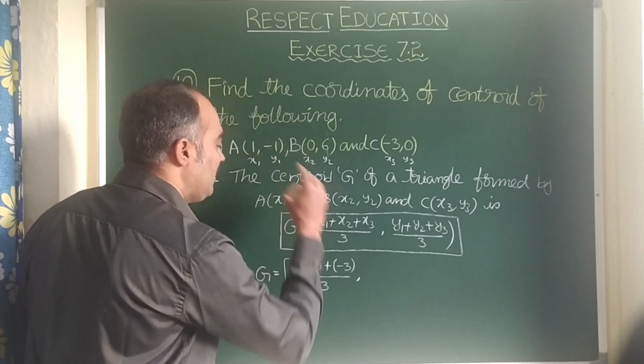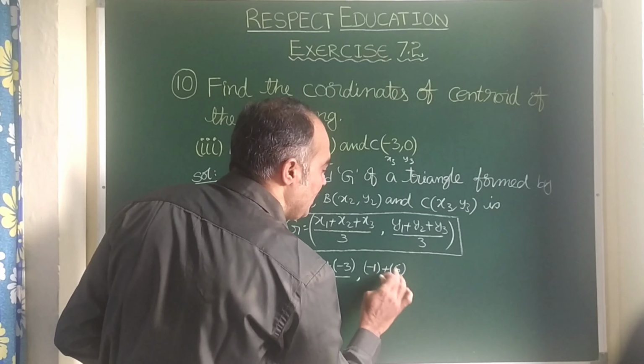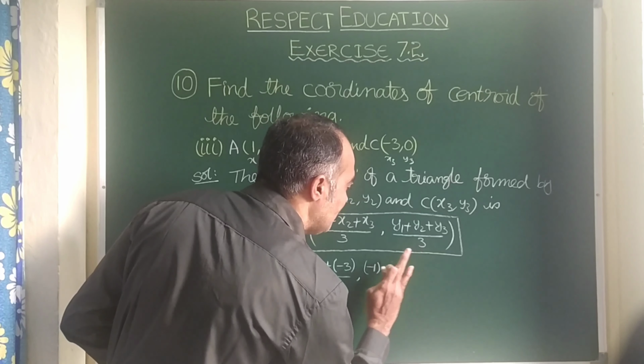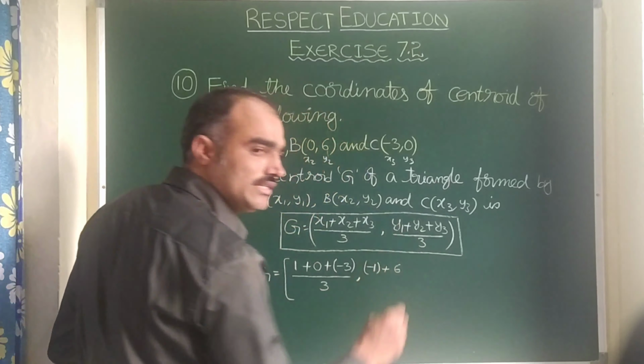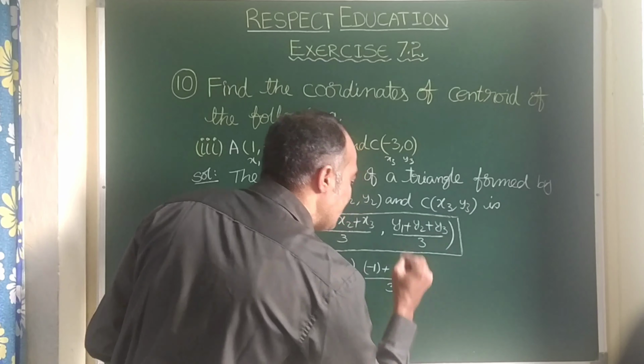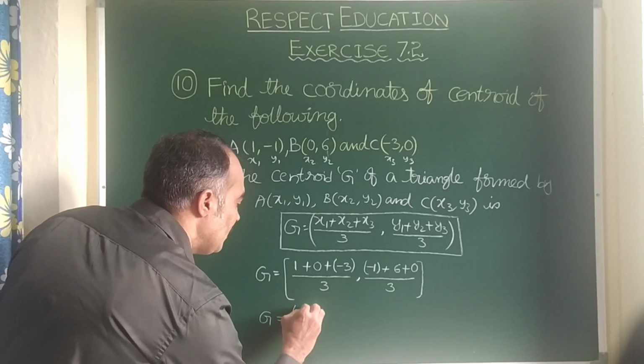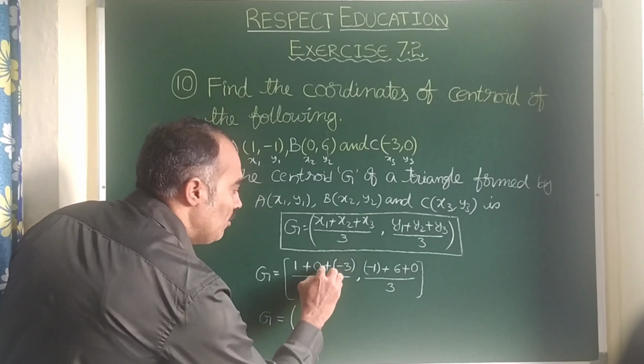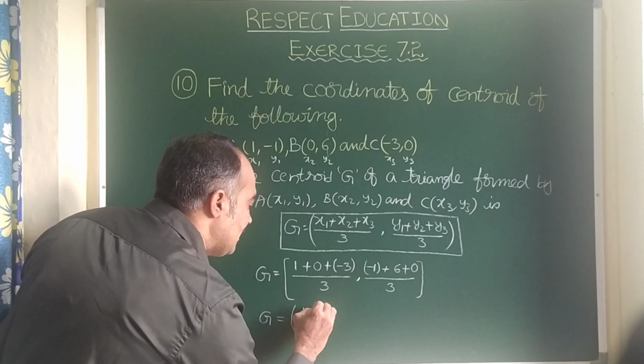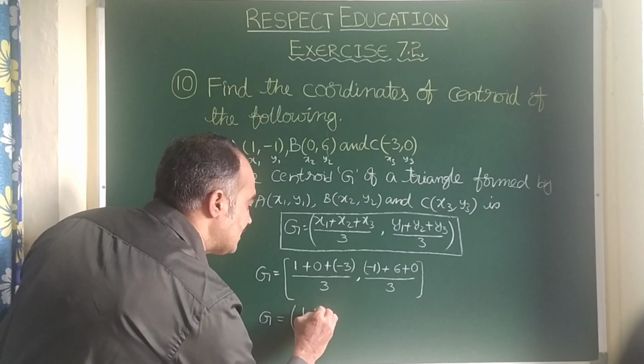Here y1 is minus 1 plus y2 is 6. Here this is positive, so bracket is not required. y2 is 6 plus y3 is 0 by 3, right. On simplifying this, we get G is equal to 1 plus 0 is 1, plus into minus is minus, so it is minus 3 by 3, 1 minus 3 by 3. It is minus 1 plus 6 plus 0 is 6, so minus 1 plus 6 by 3.